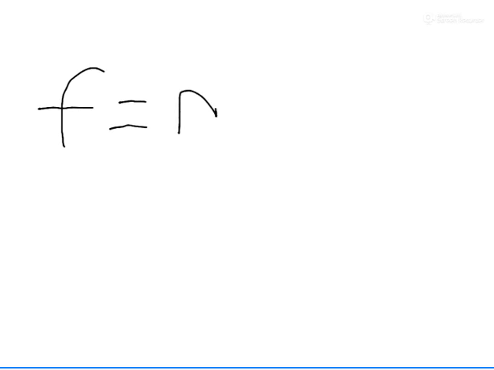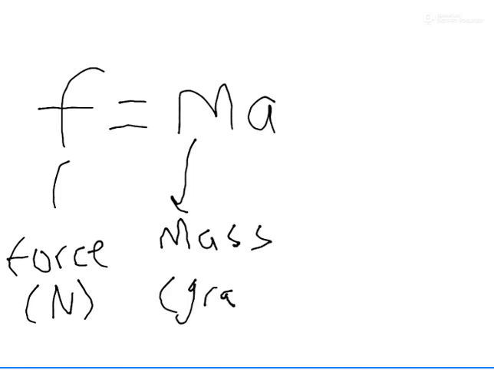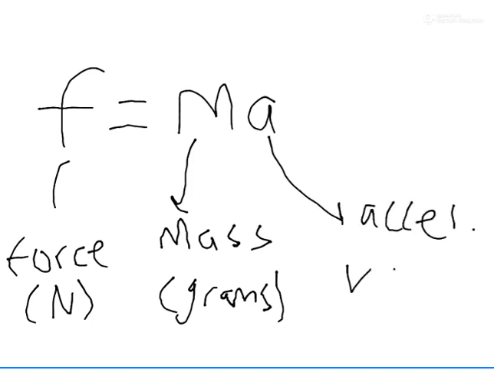In the equation F equals ma, the F stands for force, like we talked about, measured in newtons. The m stands for mass, which is usually in grams. And the a is the acceleration, which can vary depending on what you're talking about.